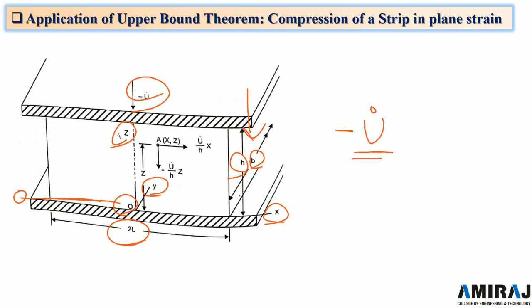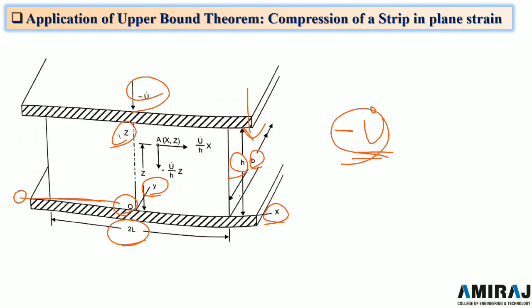And for other points in the strip we take a linear distribution of the velocity over the height of the strip, and the downward velocity u dot z of a particle.